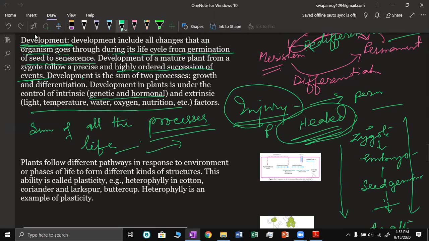So this developmental process is almost predetermined because it is controlled by genetics, the genes, and along with that there are hormones, they also take part, and then some external forces that we see in the environment: nutrition, light, temperature, water, oxygen, space, many factors are involved in development.